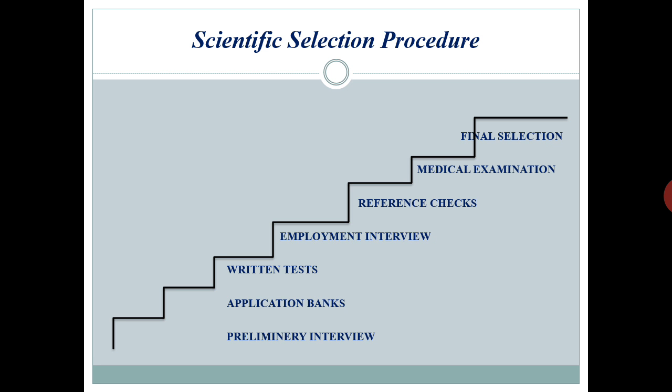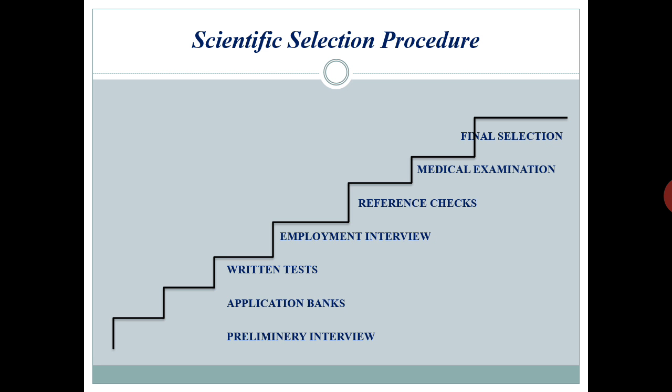In final selection, the letter related to your appointment is prepared. As you have qualified all the steps, the organization prepares your appointment letter and asks you to join the organization, to join your duties.